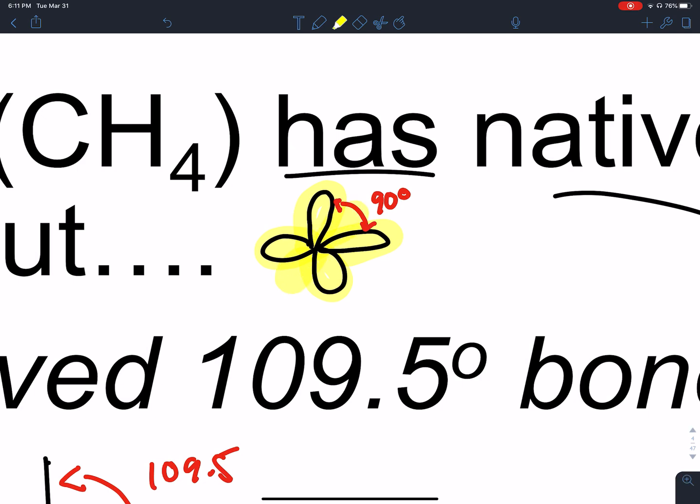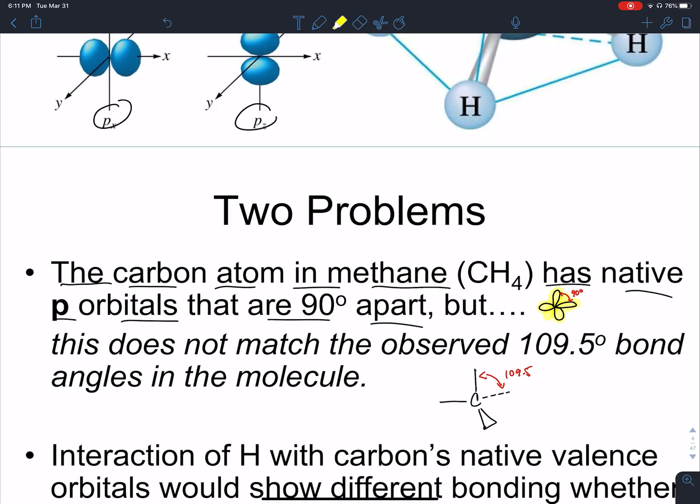Each one of those is 90 degrees apart. This does not match the observed 109.5 bond angles in the tetrahedral molecule, right? Take a look at this tetrahedral. So this is the shape we know CH4 has based on the VSEPR theory, and these bond angles are larger.